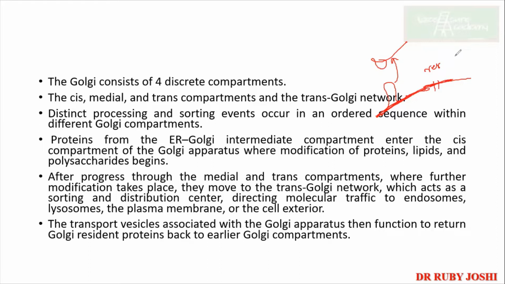That much cargo will not be in just one vesicle; there will be at least 1000 vesicles, which immediately go and fuse with the plasma membrane. And if that particular region has your resident Golgi apparatus proteins, that region will pinch off again. Those vesicles will go back and fuse with the Golgi apparatus trans region. Clear now?